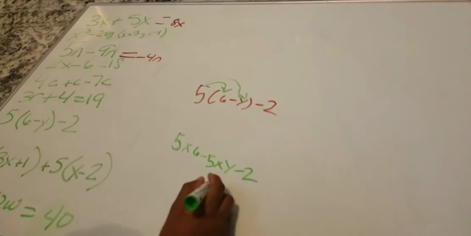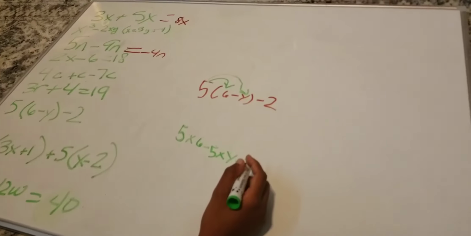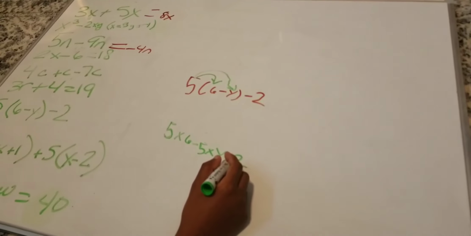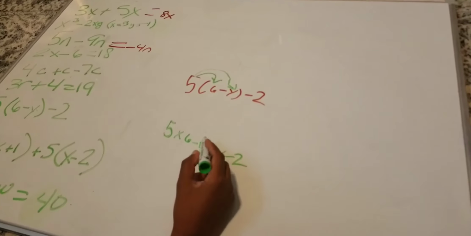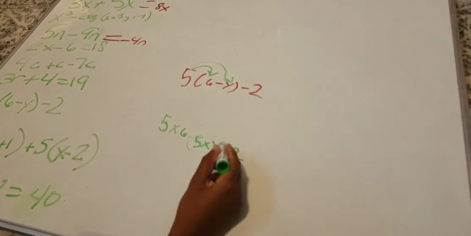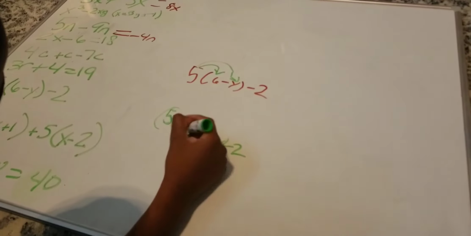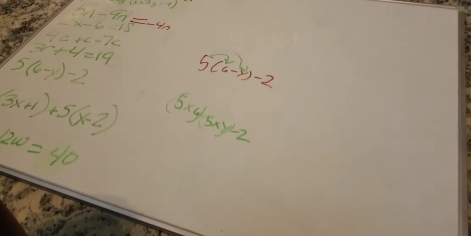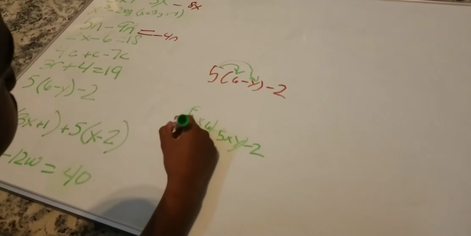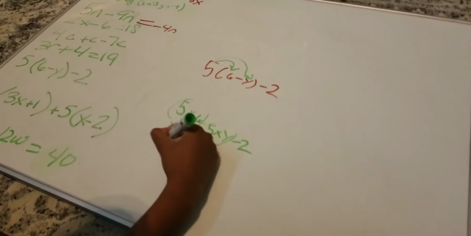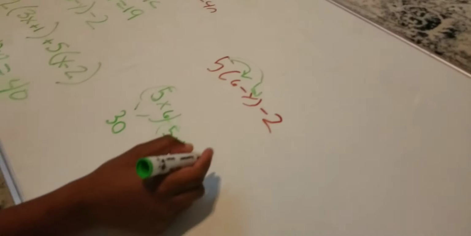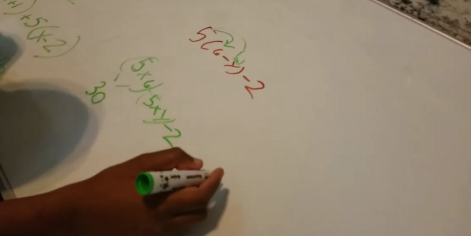Minus 2. Now, to make that cleaner for you so you don't get things mixed up, what should you put around your 5 times y and your 5 times 6? Yeah, I would do that too. Good job. We're doing that because we want it to remain clean so we don't get confused thinking it's order of operations or something. So what's 5 times y?